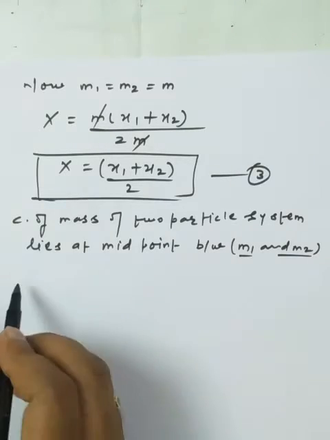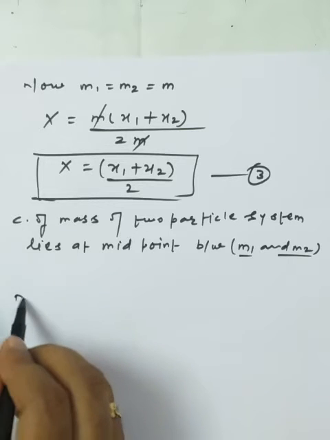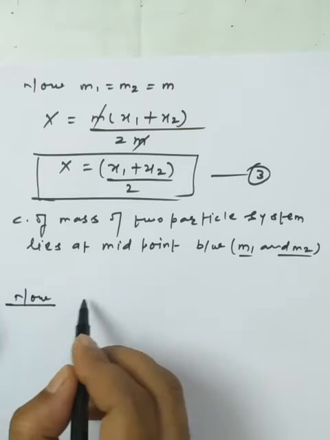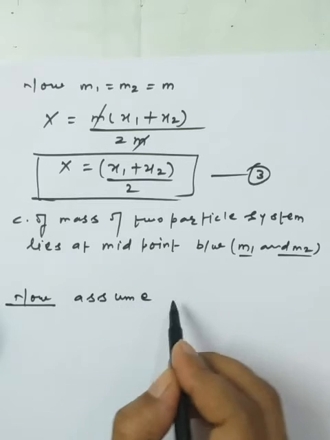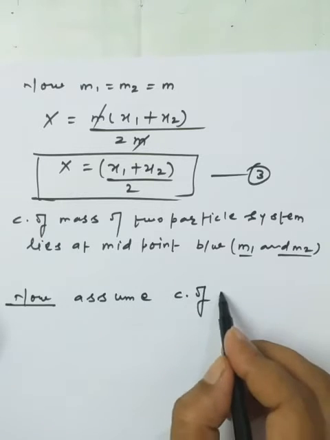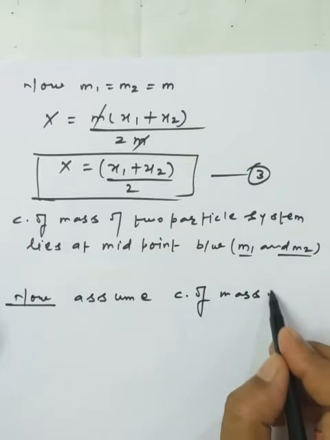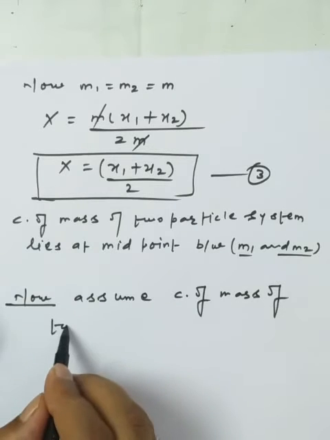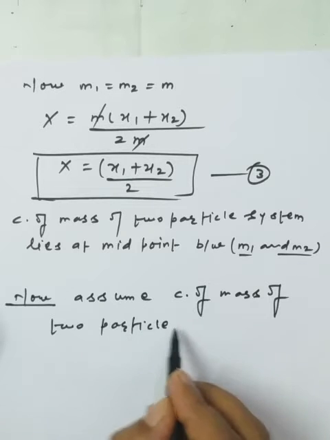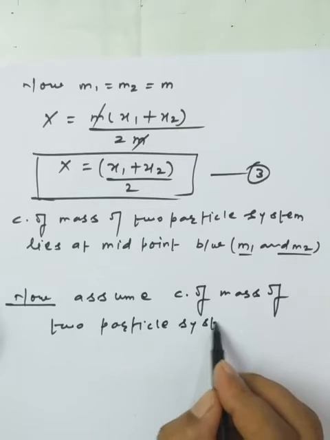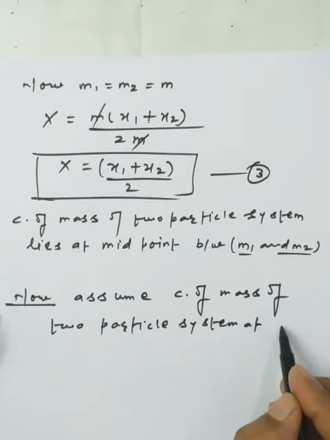Now we are assuming another situation. Now assume the center of mass of the two particle system is at the origin.